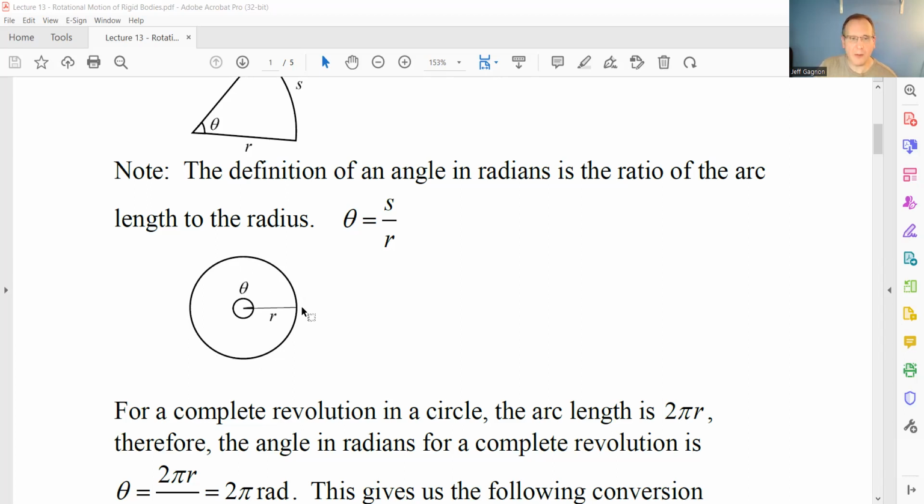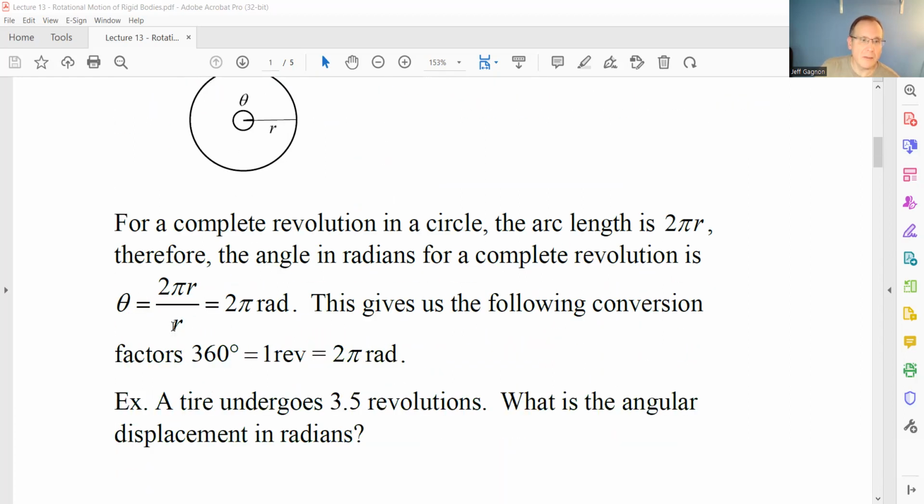And remember, the circumference is equal to 2 pi r. So it would be the circumference divided by r. So we have 2 pi r divided by r. The r's cancel. So the angle in radians is going to be 2 pi. So one full rotation, if you go all the way around in a circle, is equal to 2 pi radians.